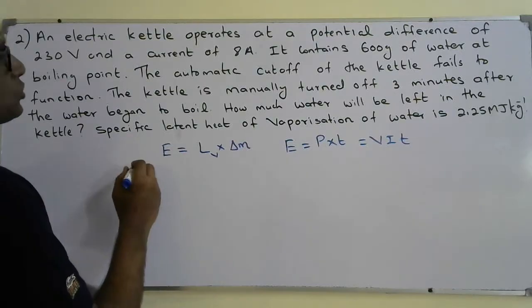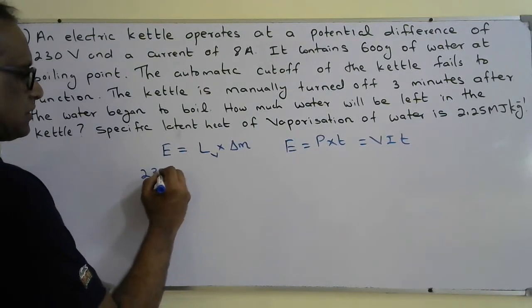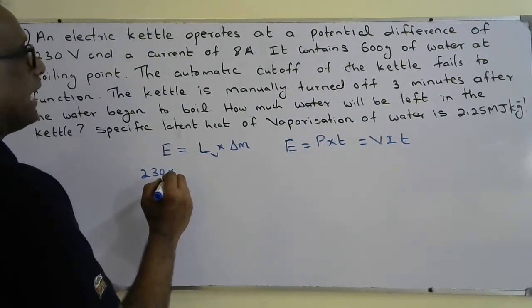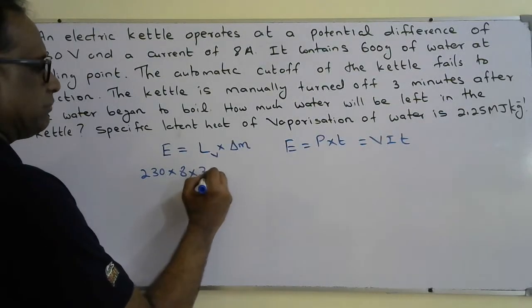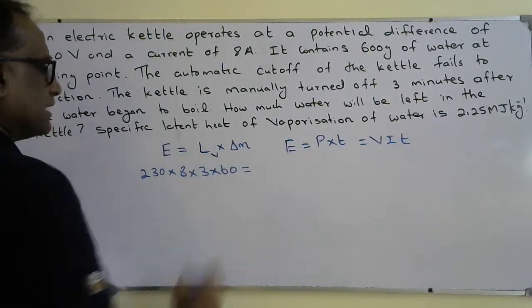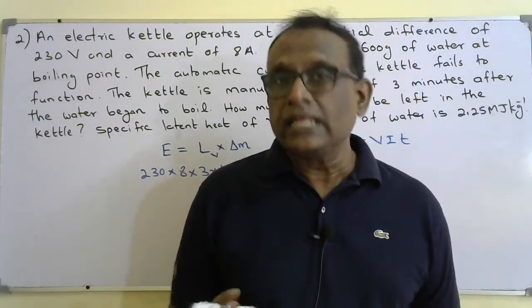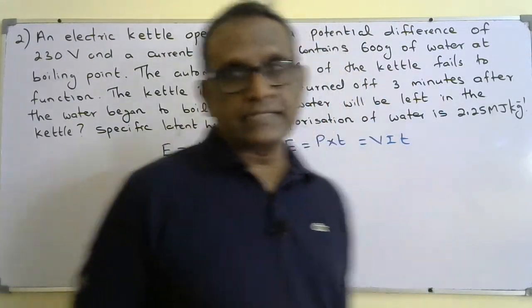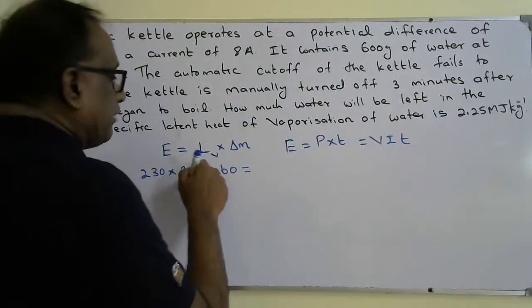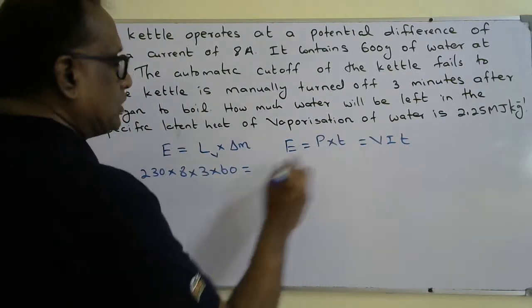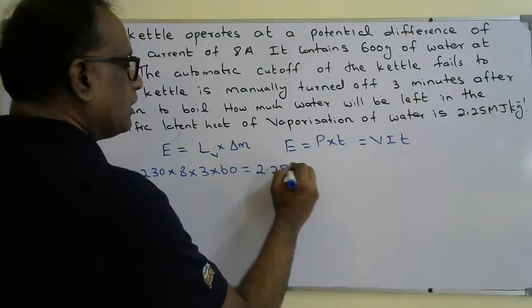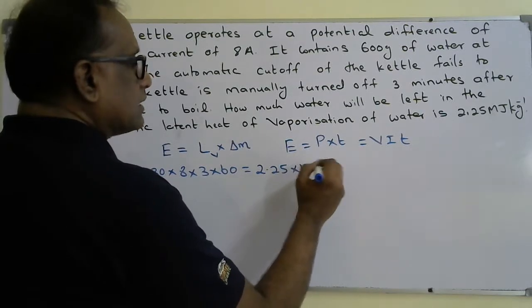The voltage is 230, current is 8 amperes, and the time is 3 times 60 seconds. I am going to calculate what mass of water will boil and vaporize. L_V we know, given as 2.25 times 10 to the power 6.